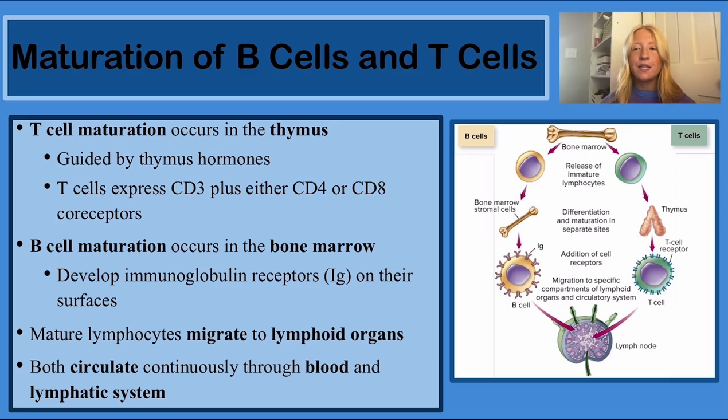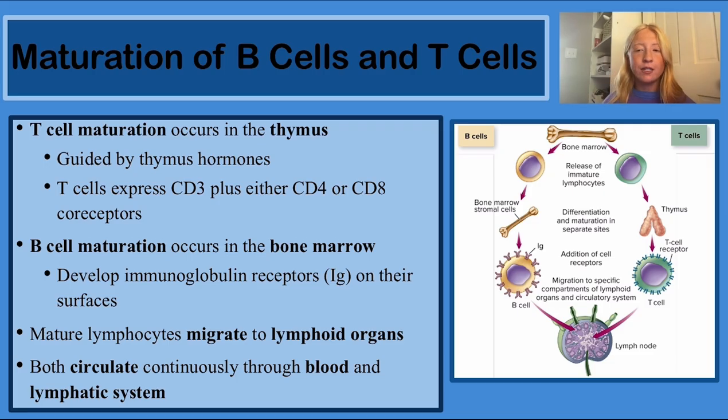This is CD3, which helps with receptor binding, and either CD4 or CD8 co-receptors. CD4 is mostly found on T helper cells, which work with MHC class 2 molecules, and then we have CD8, which is found on cytotoxic T cells, and these bind to MHC class 1.